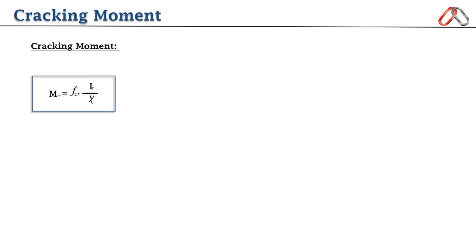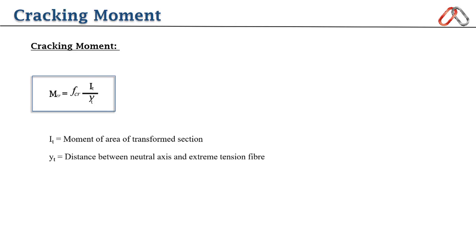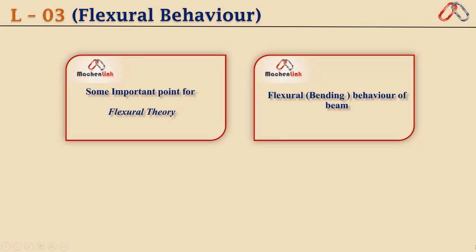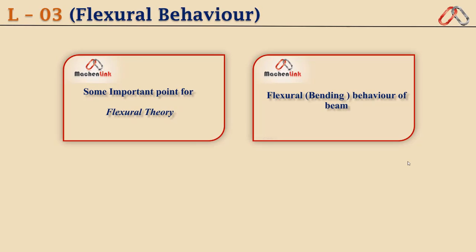Mcr is equal to fcr It over Yt. Here It is the moment of inertia of the transformed section and Yt is the distance between the neutral axis and the extreme tension fiber. So here we have finished all the important concepts that will be helpful in understanding the flexural behavior of a beam.